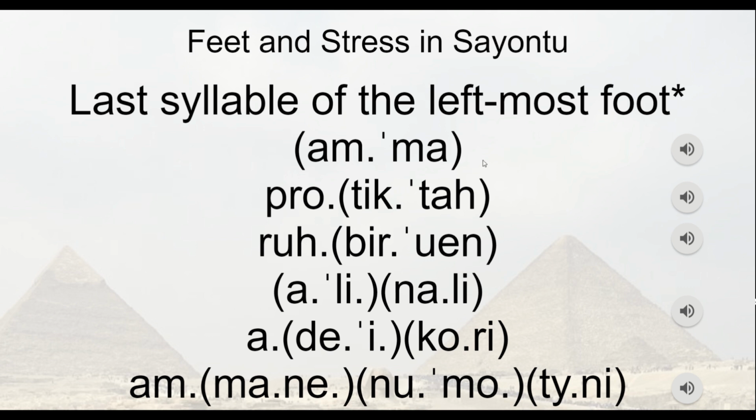So if it's a 3-syllable word, for example, there will only be 1 foot in that word, and it will be on the right side. So here there's only 1 foot for each of these 3-syllable words, as well as this 5-syllable word where there's 2 feet and not 3. So the 1 syllable is left out.